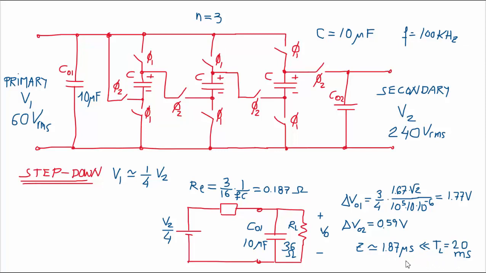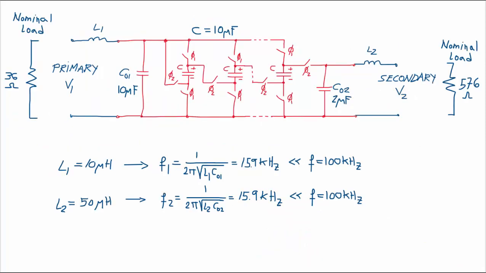And finally, for the EMI filter inductances, we have selected for L1 10 microhenries, because with this value we are going to have a circuit with a cutoff frequency of 15.9 kilohertz, which is much lower than 100 kilohertz, almost 1 decade below this value.